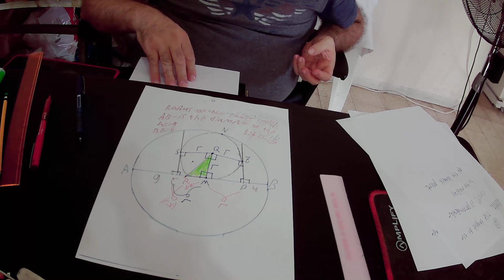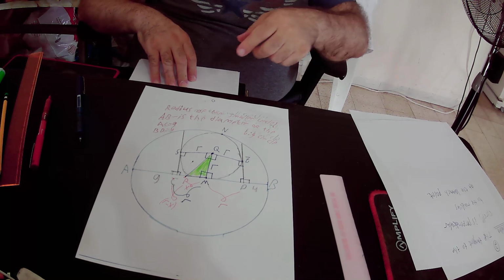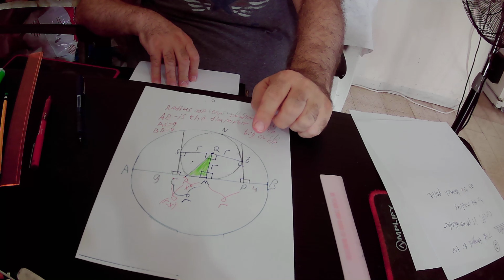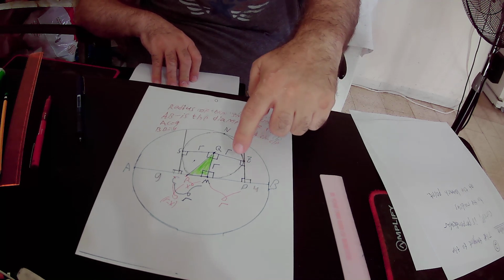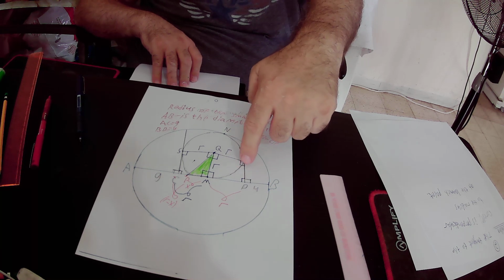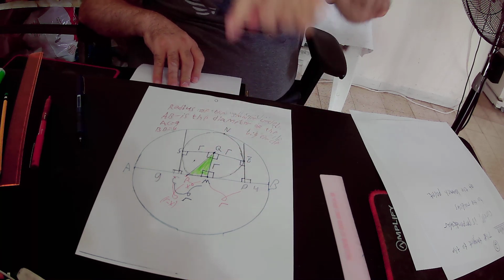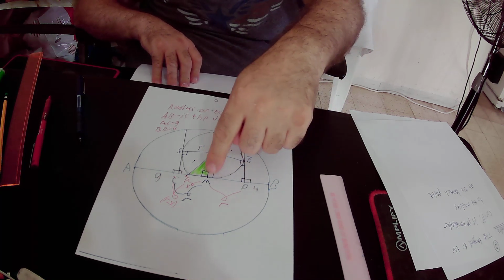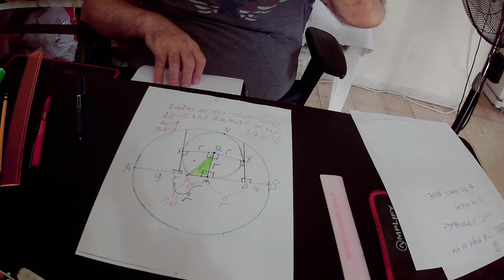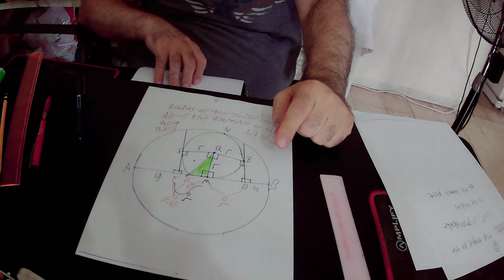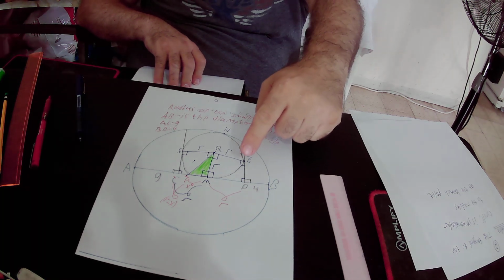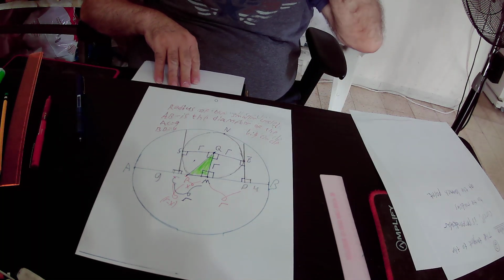Okay, so actually, if we focus on quadrilateral QZMD, this quadrilateral has 3 right angles, 1, 2, and 3, and the sum of those 3 right angles is 90 times 3, which is 270 degrees.